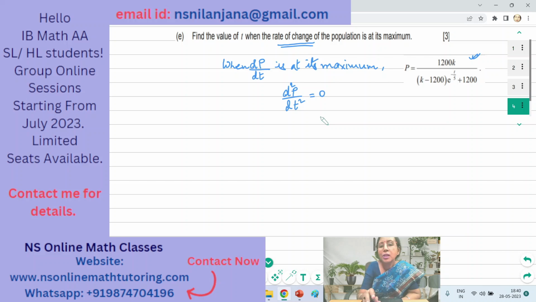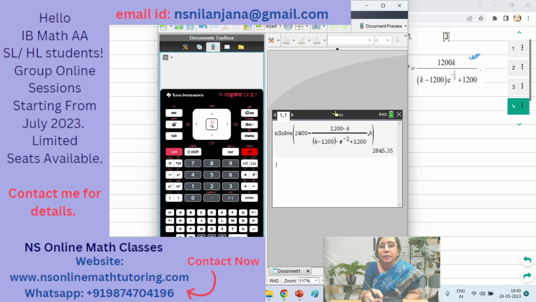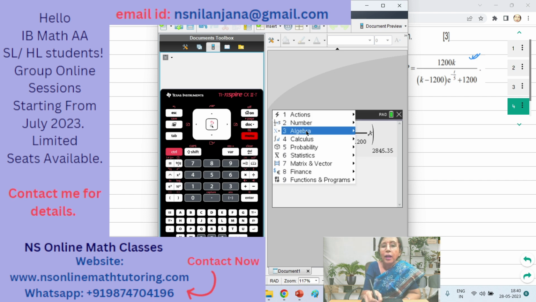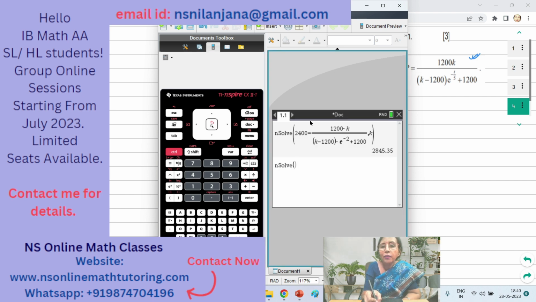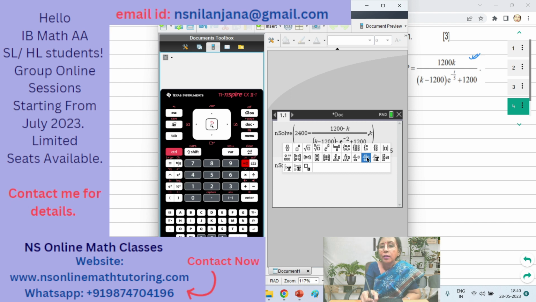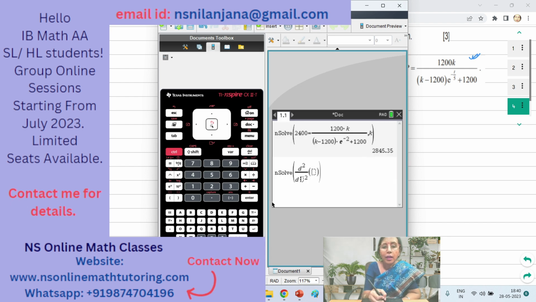And we have to solve this equation for t. This is our target. We will be using the insolve. Let us try. So it is insolve, algebra, numerical solve, and then I have to go to the second derivative, and it is x. And what is this expression? Can I bring this expression?